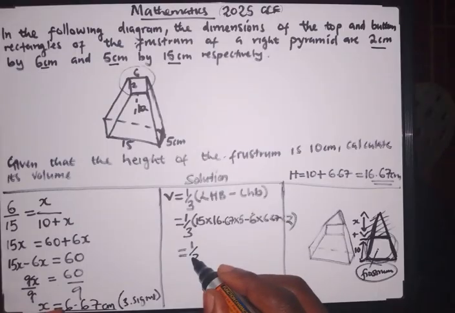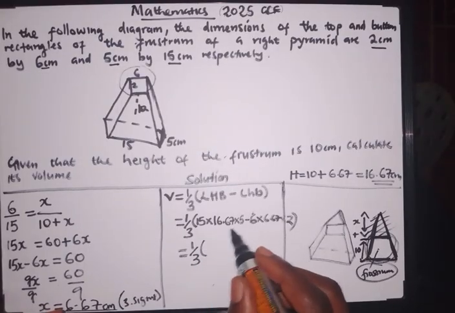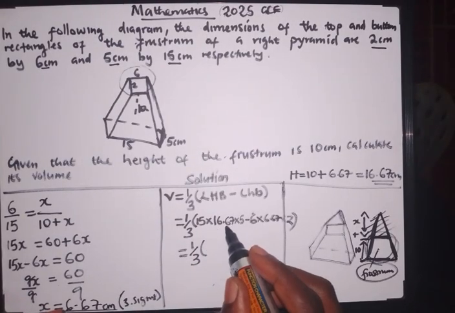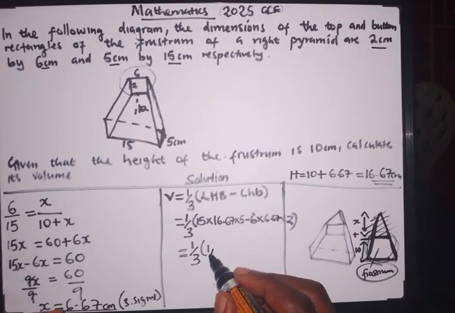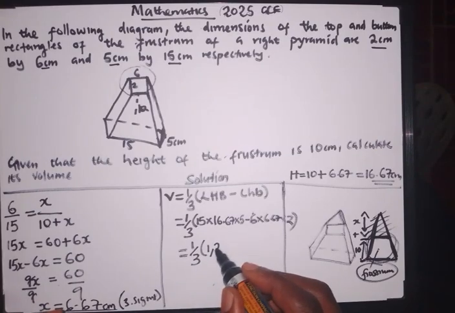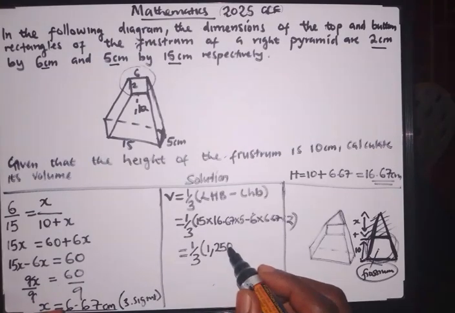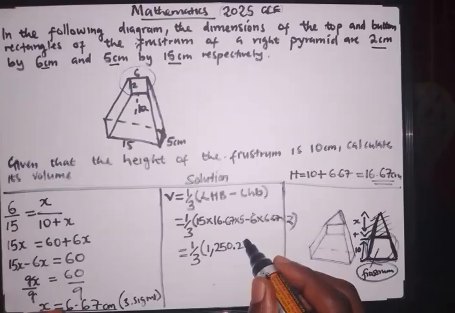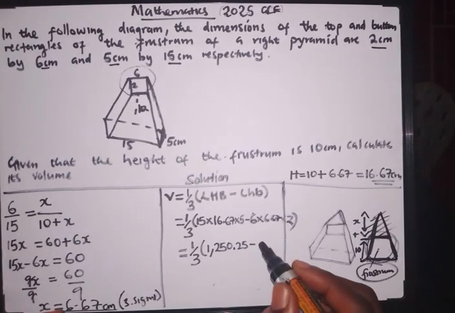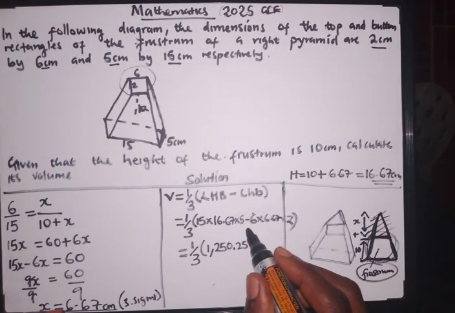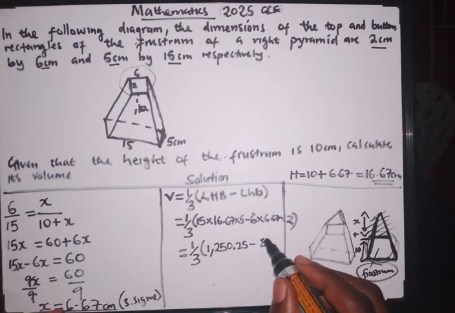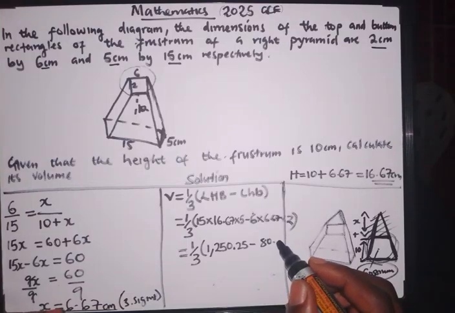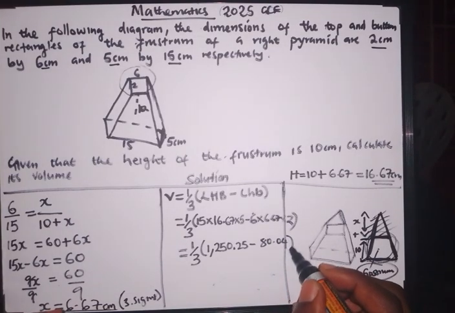If you multiply this side, 15 times 16.67 times 5, you get 1,250.25 minus, if you multiply everything on this side, you get 80.04.